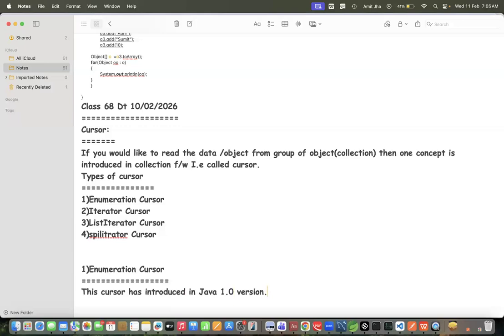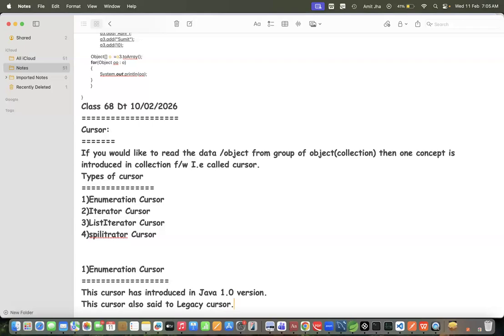Some people tell this cursor is also known as a legacy cursor. What is a legacy cursor?